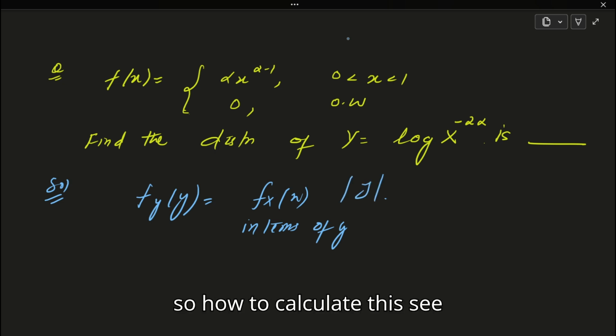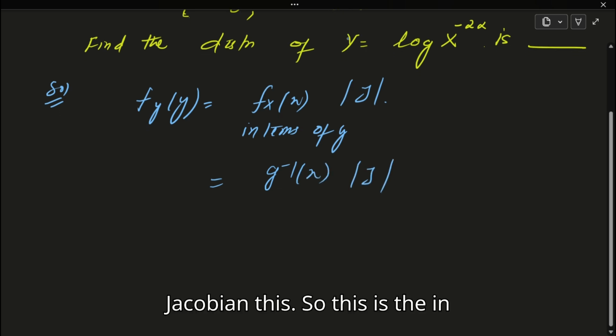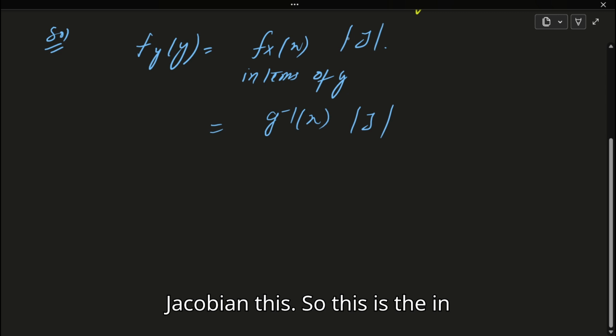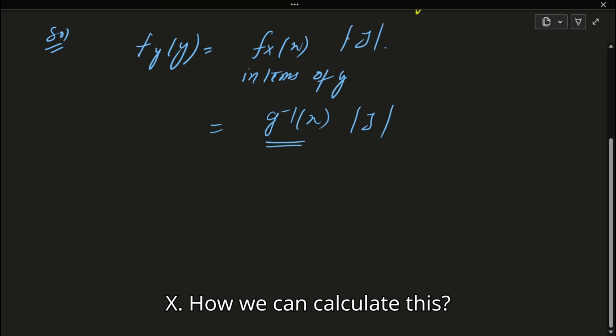So how to calculate this? You can put here G inverse x, times the Jacobian. This is the old function in terms of y, that's G inverse x. How can we calculate this?